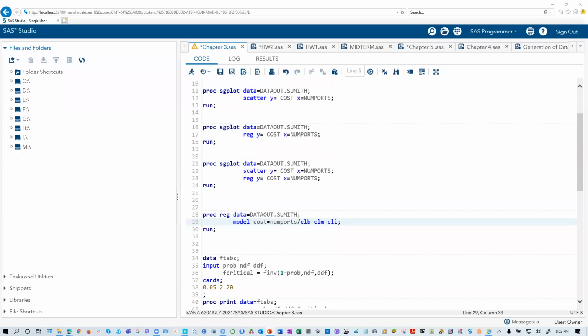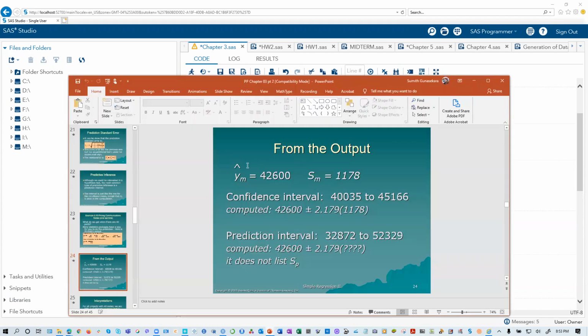The estimate of the cost, individual, means you don't go to the average you get by adding everything and dividing by the number of observations. Simply give me the estimate of the cost, which is y hat.